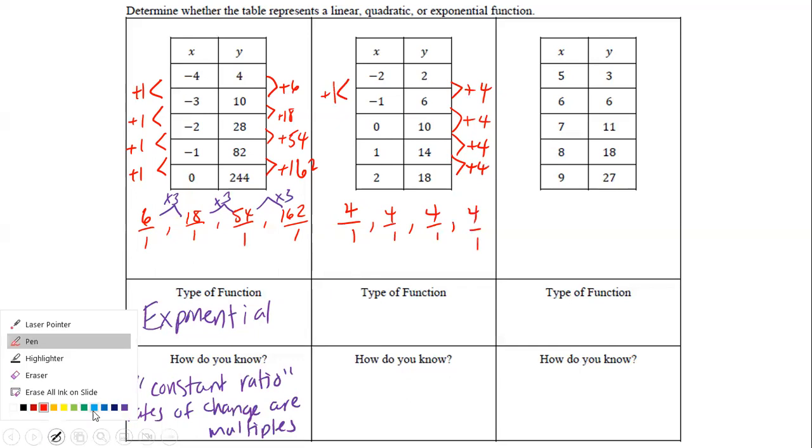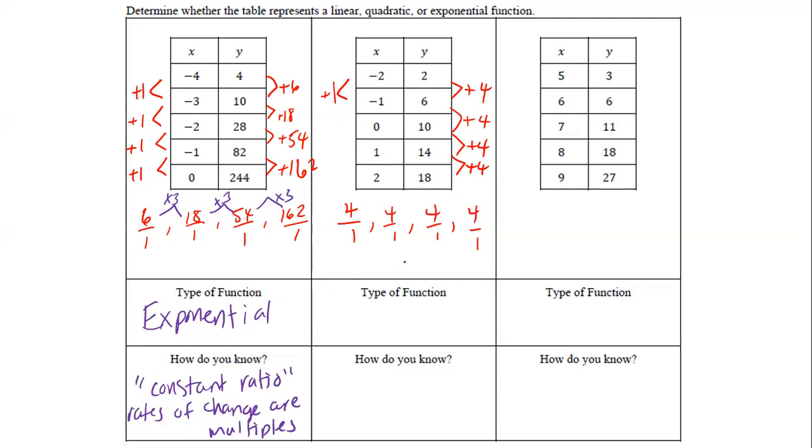What do you notice now? It's constant. So therefore, it's linear. It's a constant, which means that this is our what for our linear? It's our slope.